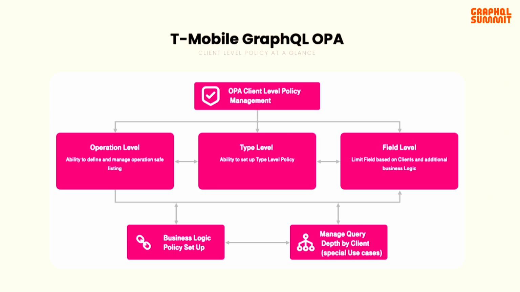And within an operation, we can go one level deeper to see what all types that they can configure. And we can also go all the way up to the attributes and set up attribute level access controls. There might be some special business logic that you want to apply for a client based on certain header parameters within that, maybe a channel or a claim or any other header attributes.